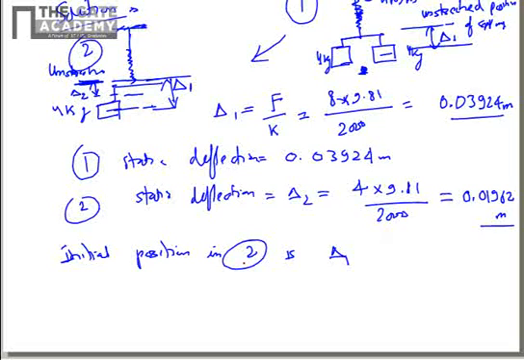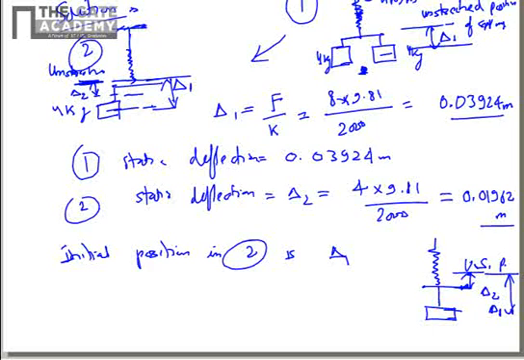So now we can define our vibration model. The static equilibrium position is at delta 2 from the unstretched position, and the initial position of the mass is at a distance delta 1 from the unstretched position.